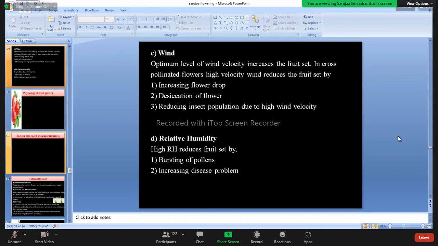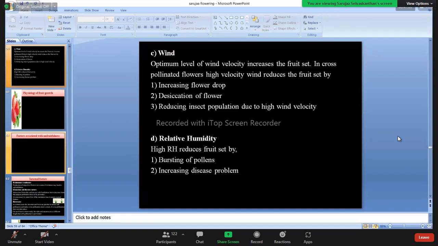If there is high velocity of wind, fruit drop happens. The flowers, because of low humidity, desiccation of flowers is common, and the insect population also reduces. If there is less insect population, it affects the cross-pollination, right? This may happen due to high wind.